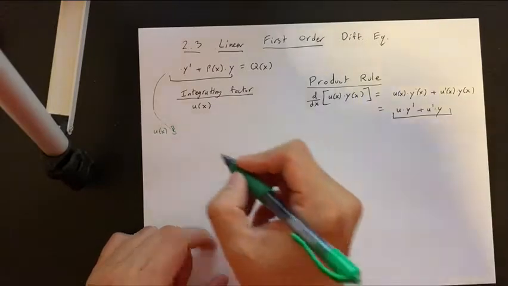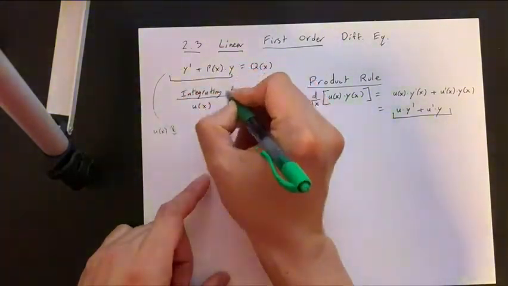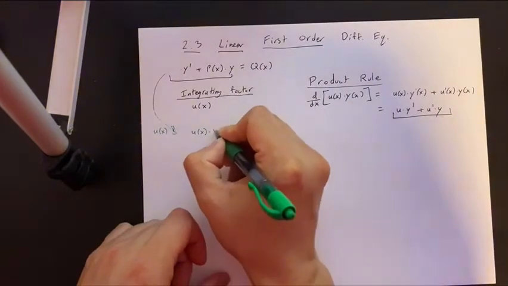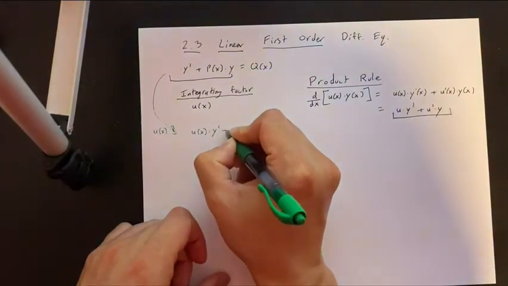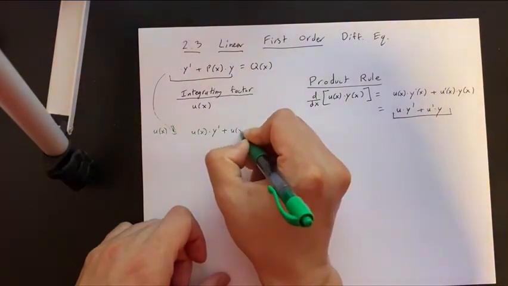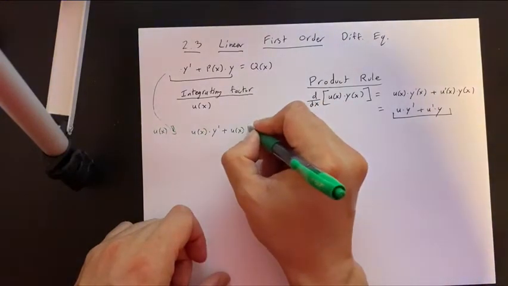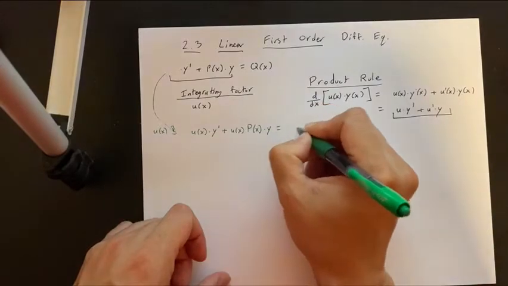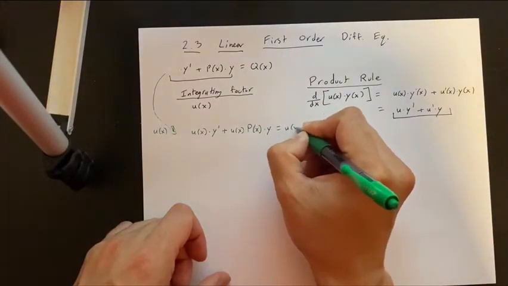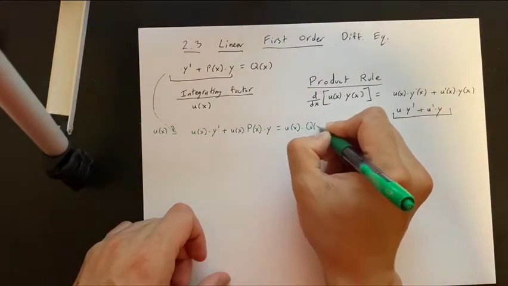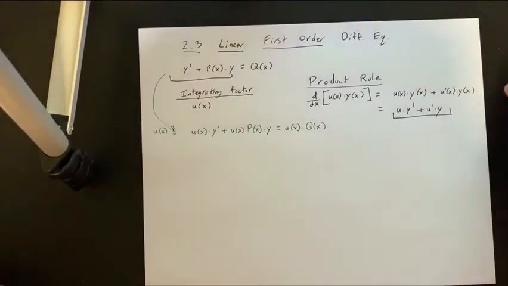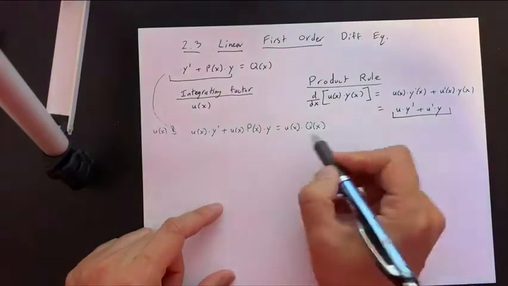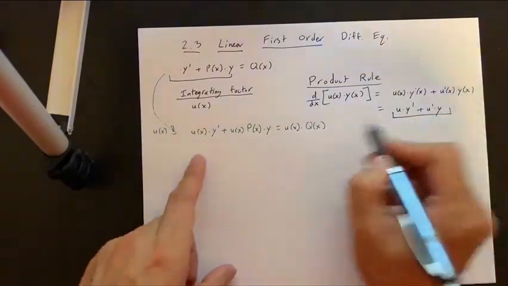Okay. So if I multiply the left side by u of x, I get u of x times y prime plus u of x times p of x times y is equal to u of x times q of x. Okay. So now we're going to compare these two again.